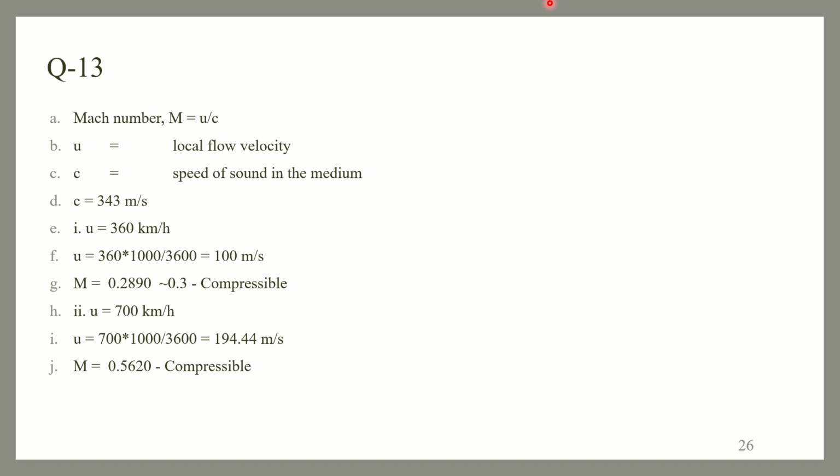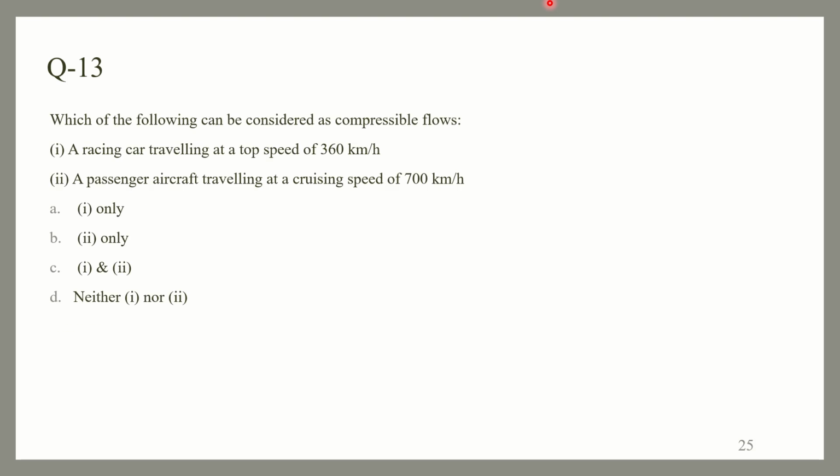Mach number greater than 0.3, it is compressible. Mach number less than 0.3, it is incompressible. For Mach number to be greater than 0.3, velocity should be very high. So here it is very high velocity. So both the racing car and passenger aircraft are traveling at a very high speed. Therefore, both 1 and 2 are the right answer.